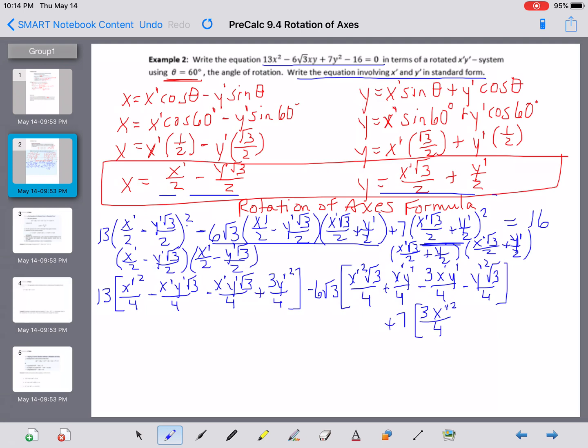Outsides are going to give me positive x prime y prime radical 3 over 4. Insides are going to give me positive x prime y prime radical 3 over 4. And the last two will give me y prime squared over 4. All right, and don't forget that all equals 16.